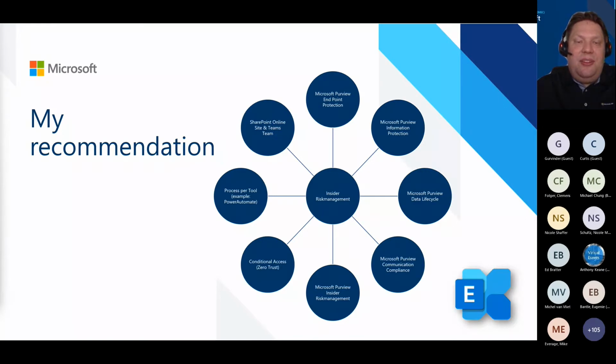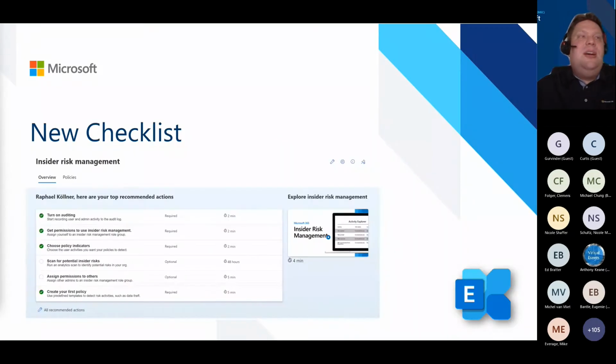And this is very interesting: when you look at the insider risk tool and start with it, you see there's a checklist, relatively new. You have the same checklist for communication compliance. So you turn on the auditing. Yes, you turn it on for communication compliance; you don't need it at the same time. Then you can scan for potential insider risk.